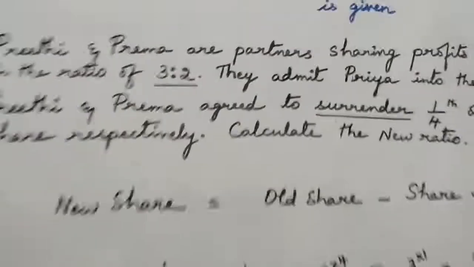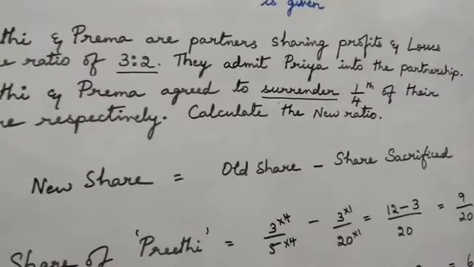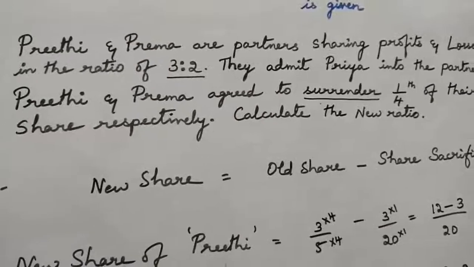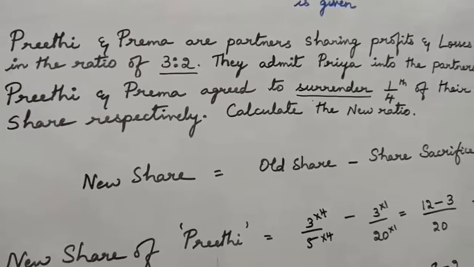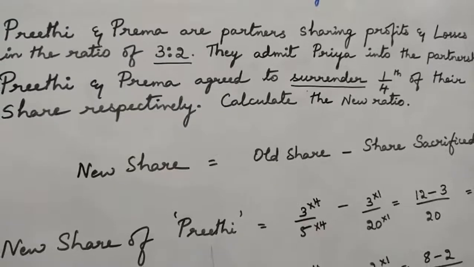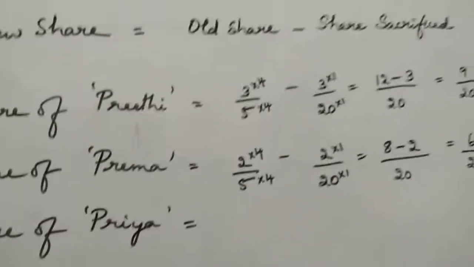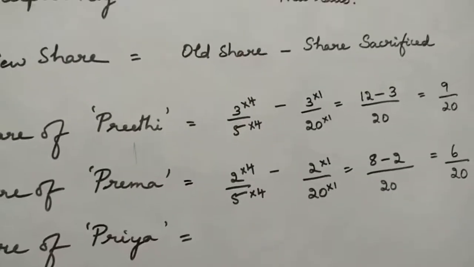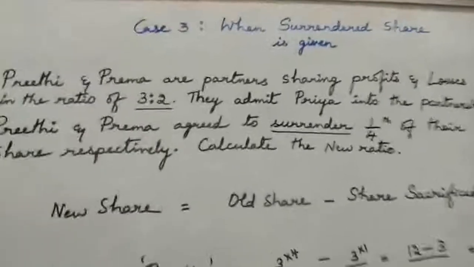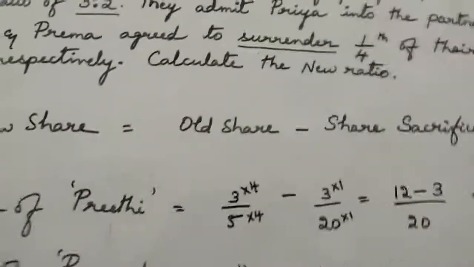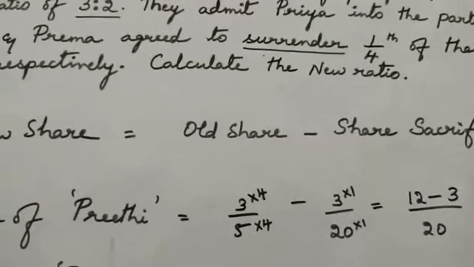Now moving on to the new partner Priya, the share given to Priya is going to be 1/4 and 1/4 equally, right? They have surrendered 1/4 and 1/4 equally.